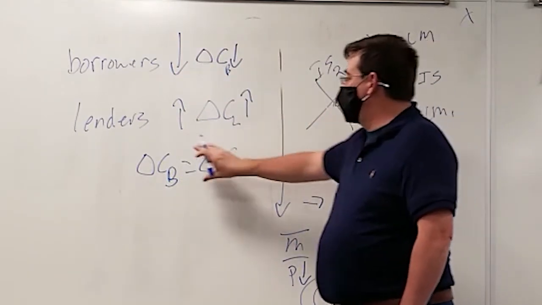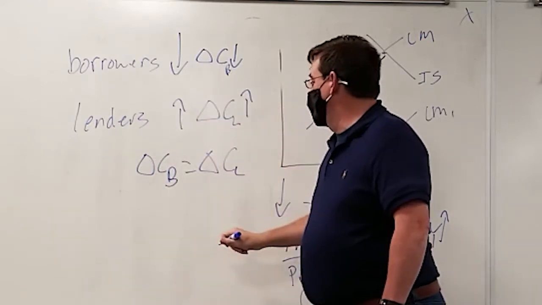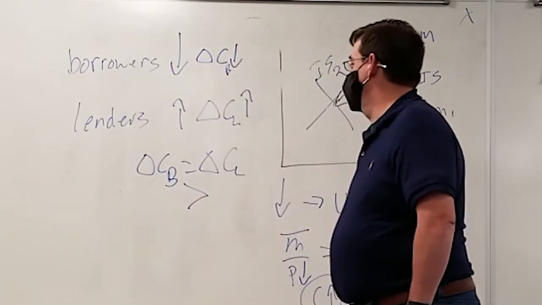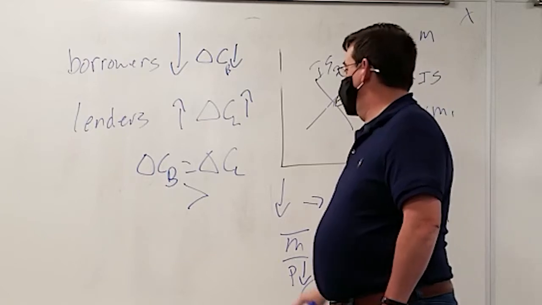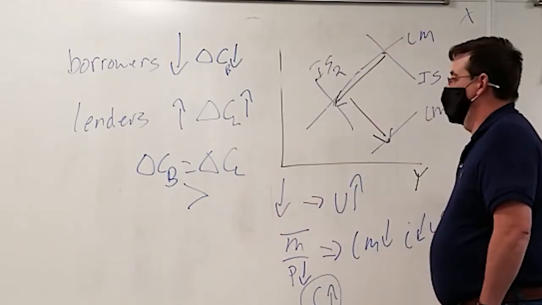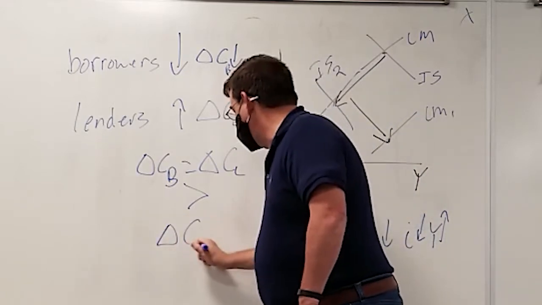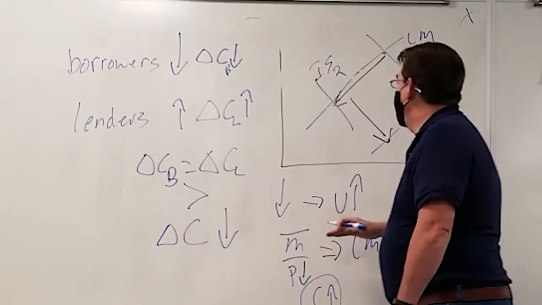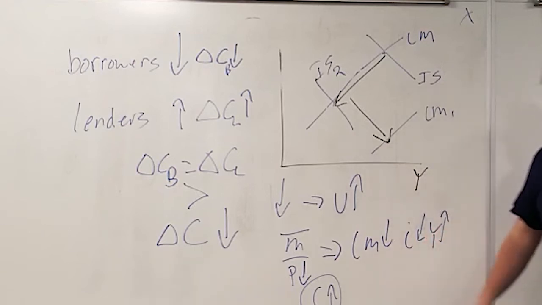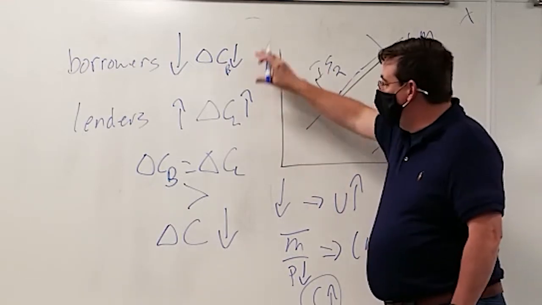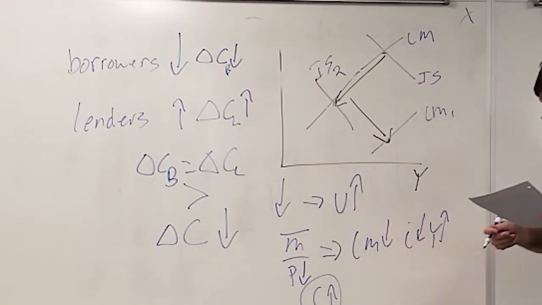But if the change in spending of borrowers is greater than the change in spending of lenders, then on net, the total change in consumption will be negative, and that'll have a contractionary consequence on the macroeconomy. So we have to think about who's going to be impacted and how, to what extent.